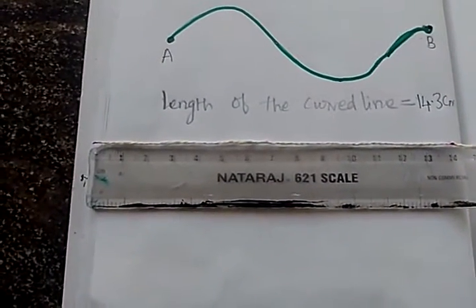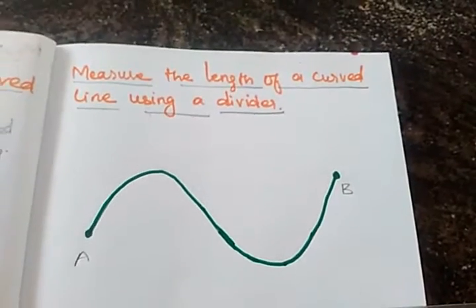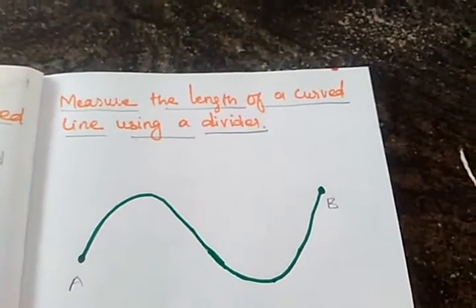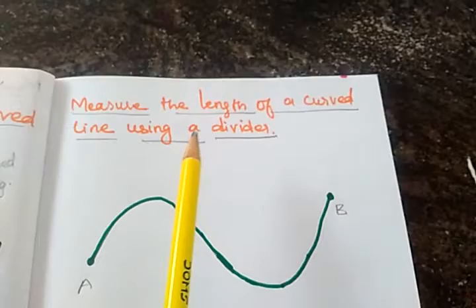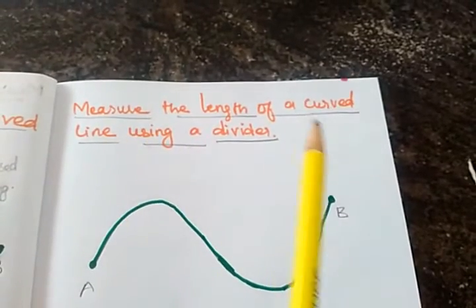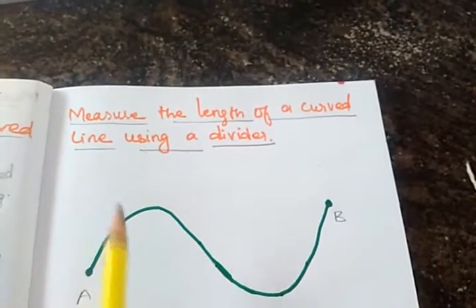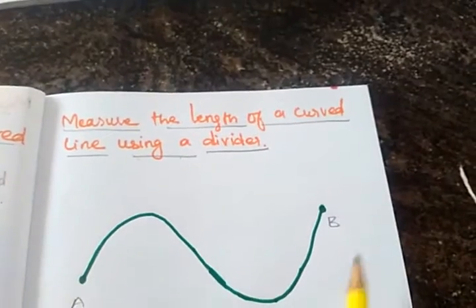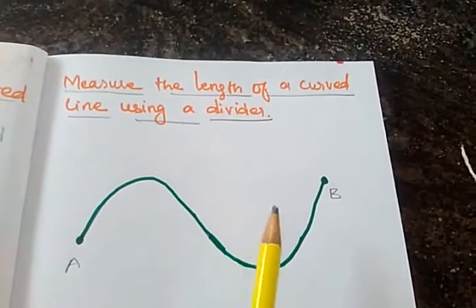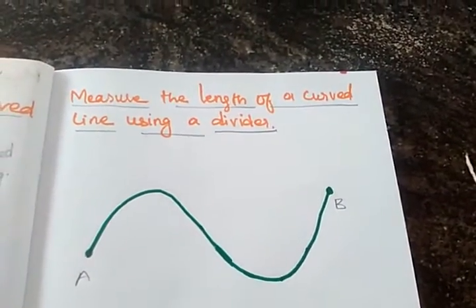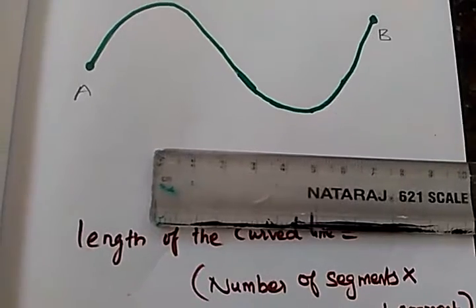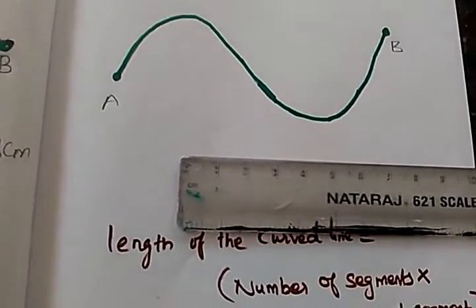Students, follow this. We can also measure the length of a curved line using a divider. This is another method. First we draw a curved line AB on a paper. Then separate the legs of the divider.